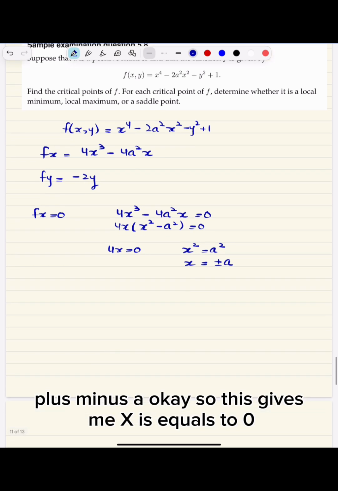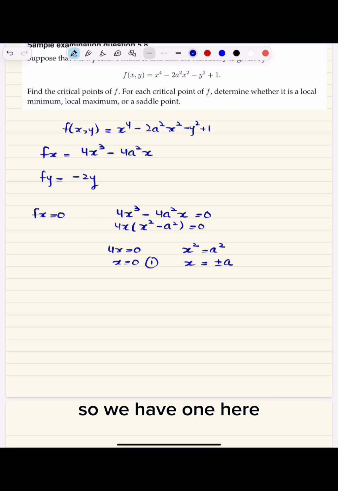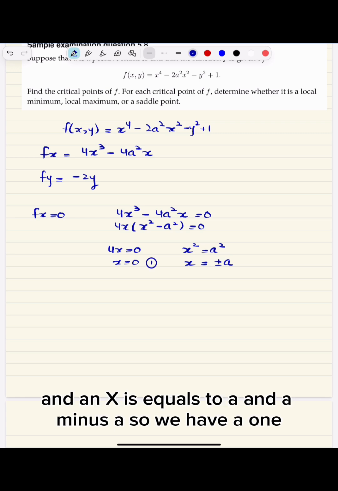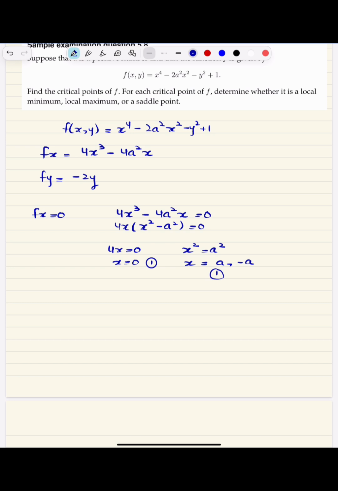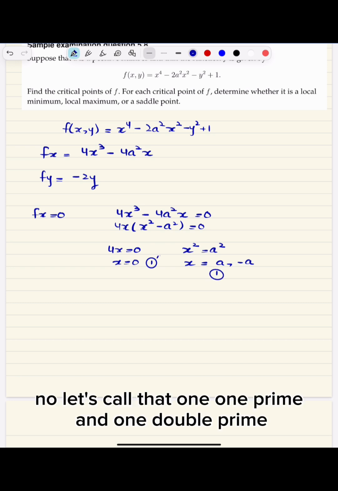So this gives me x equals 0, x equals a, and x equals -a. Let's call these 1, 1 prime, and 1 double prime.